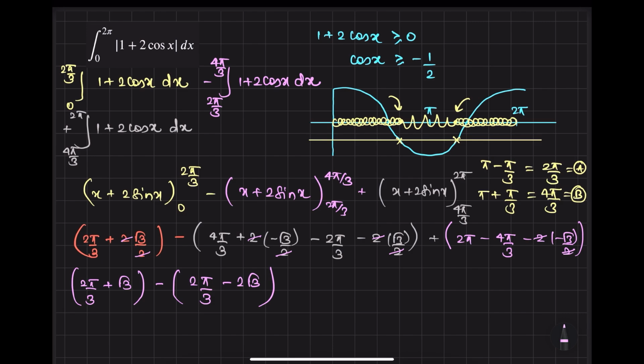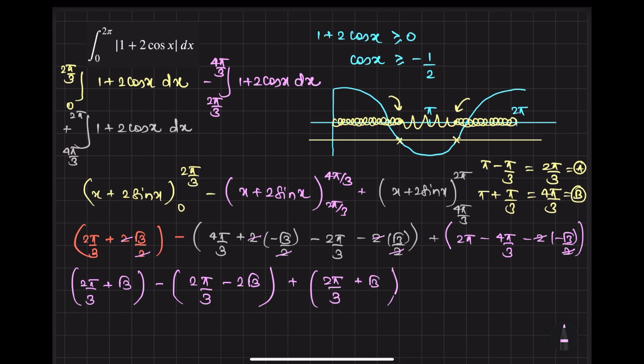And then plus, we have 6 pi minus 4 pi, so it is 2 pi by 3. And then minus of minus will become plus root 3.